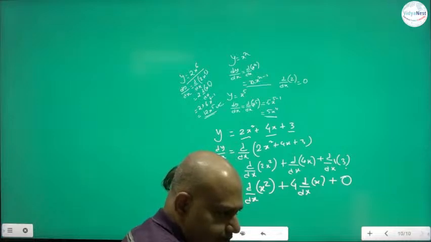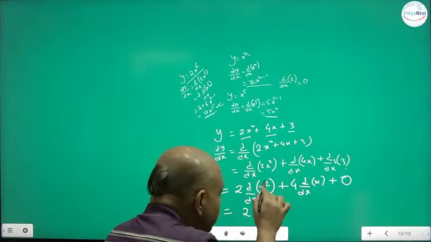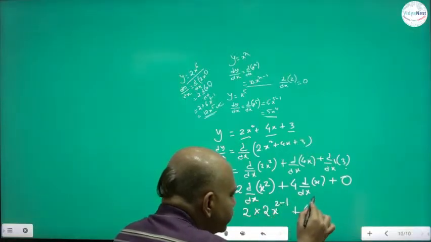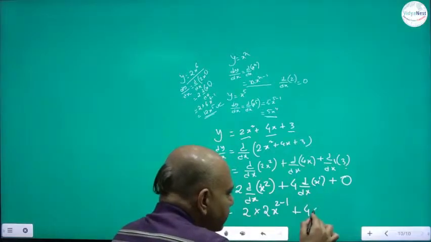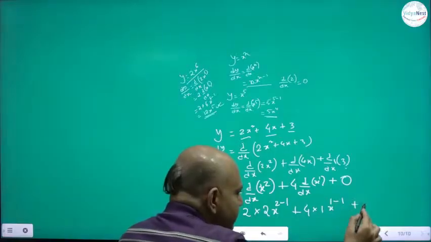Then 2 into x to the power 2 minus 1, plus 4 into x to the power 1 minus 1, plus 0.